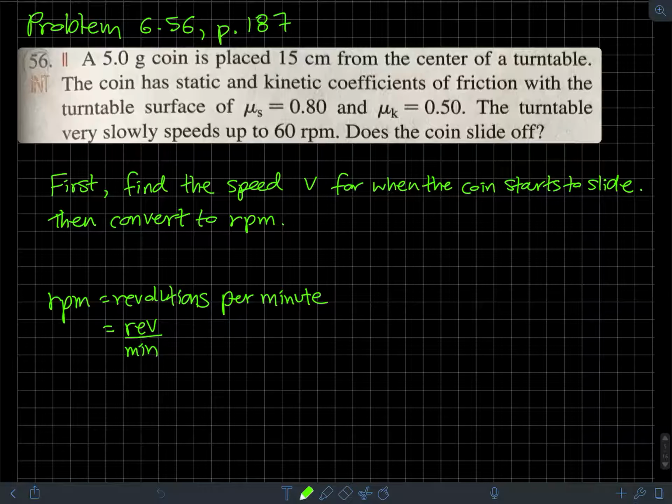RPM, I'll just tell you right now, is revolutions per minute, and we're going to want to write it as a fraction like this so that we can see our units a little more clearly. But we'll get to that at the end. Okay, so first thing is we need a diagram.